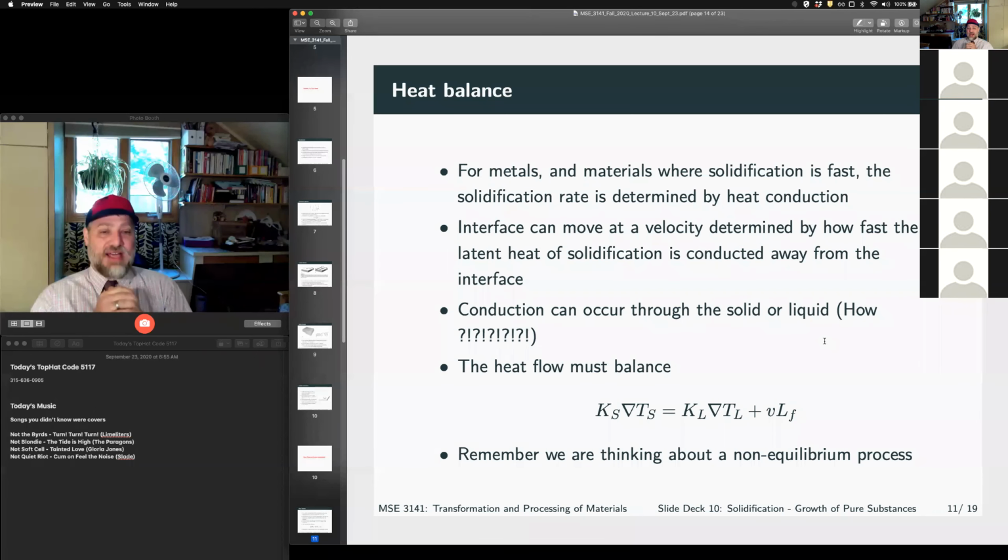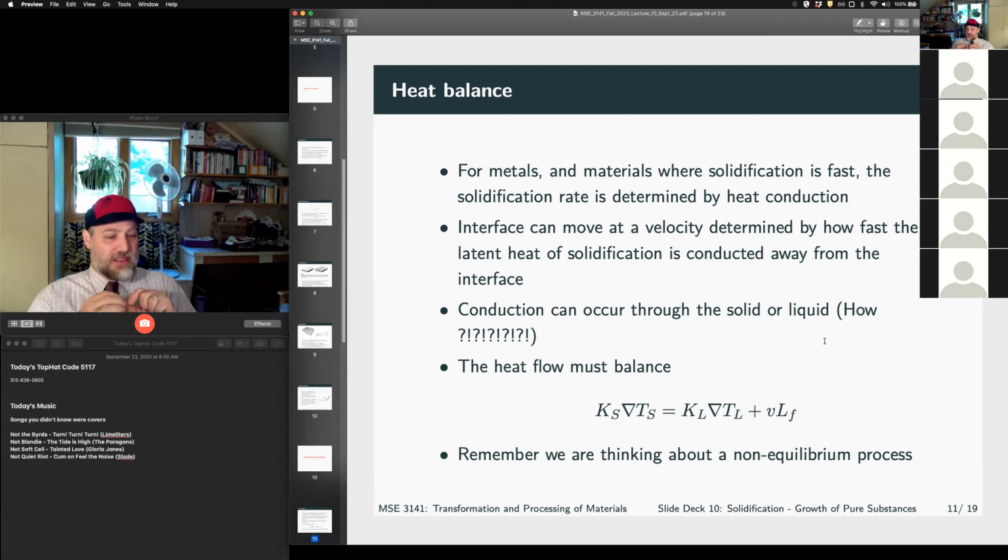It's the exact opposite if we're solidifying into a supercooled liquid. So if we came down and nucleated, say, heterogeneously from particles in our melt, we have an undercooling in our liquid.